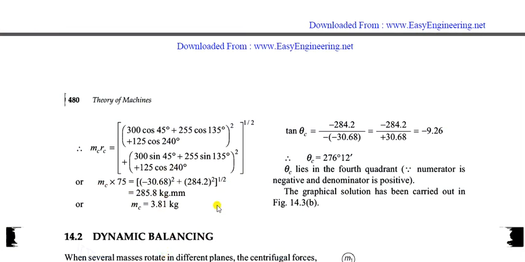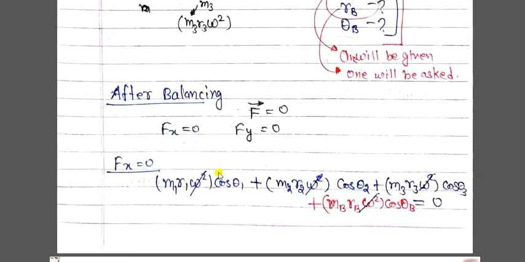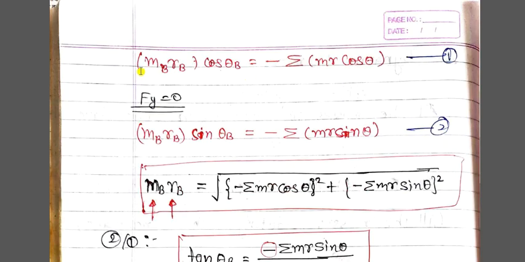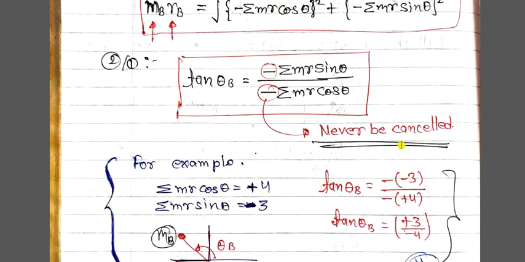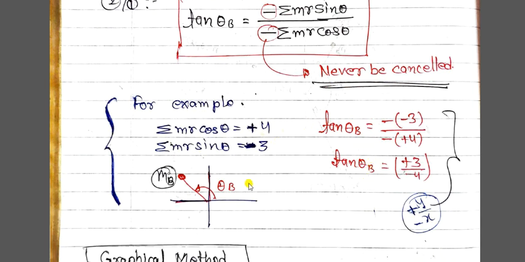So MB we got, and now if you want to calculate theta C, the important point is we should not cancel this. So like this, you got this equation, and you have done this. Now if you want to calculate angular position, see I have written here, don't cancel it. It cannot be cancelled because this is showing you in which quadrant our balancing mass will be.